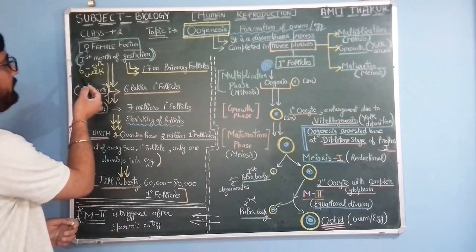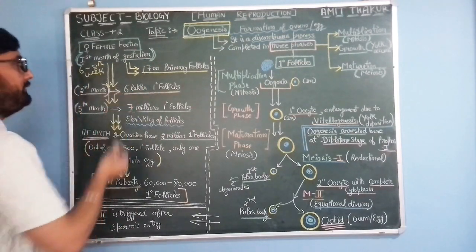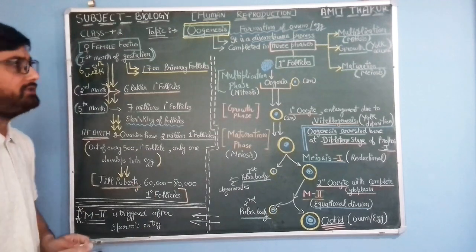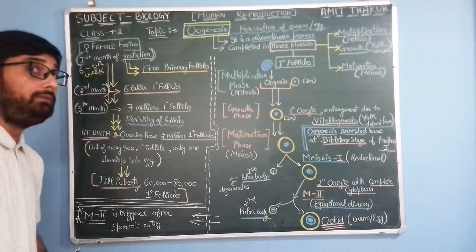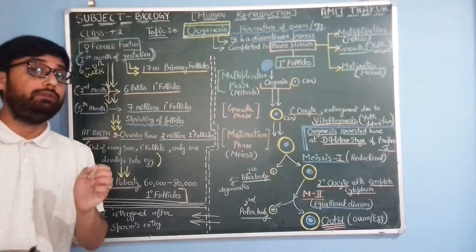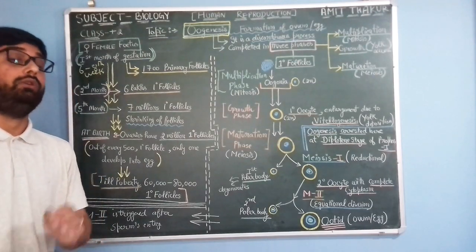So during the first or 1.5 month of gestation period, 1700 primary follicles are developed inside the ovaries.